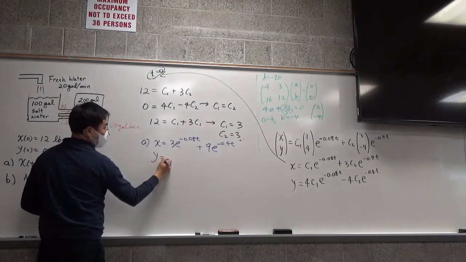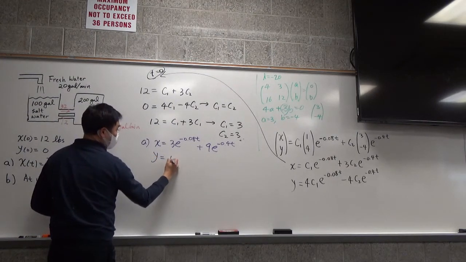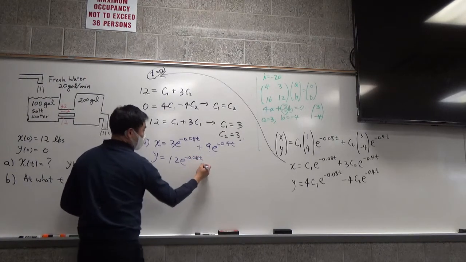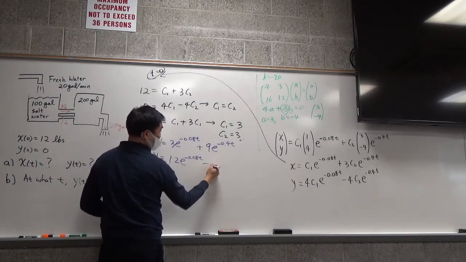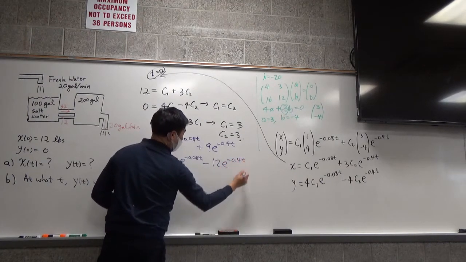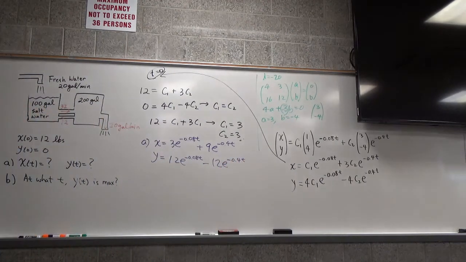Whereas y is C1, which is 3, so 3 times 4 is 12 e to the negative 0.08t minus 4 times 3, again 12 e to the negative 0.4t. Okay, so that's the answer to part A.